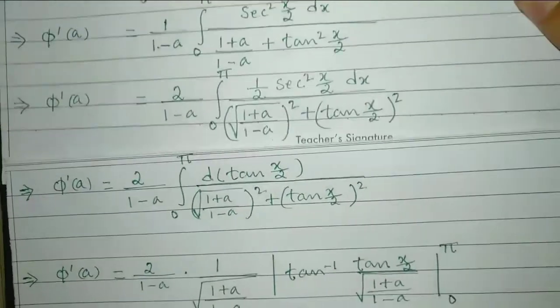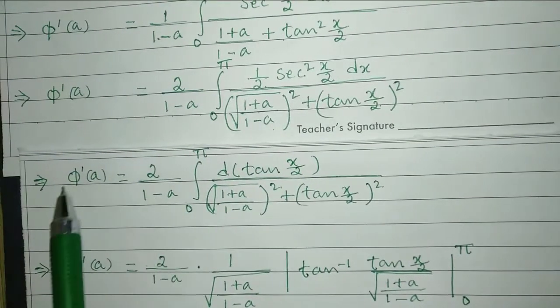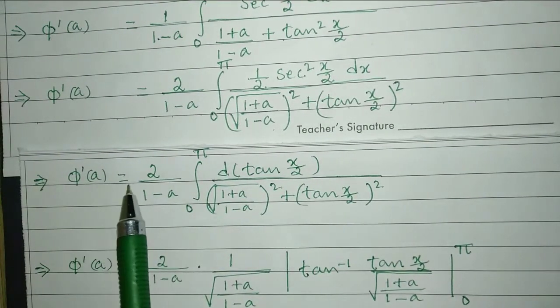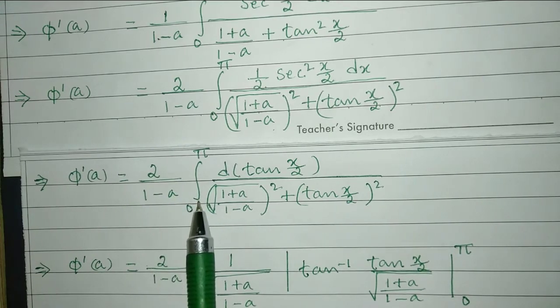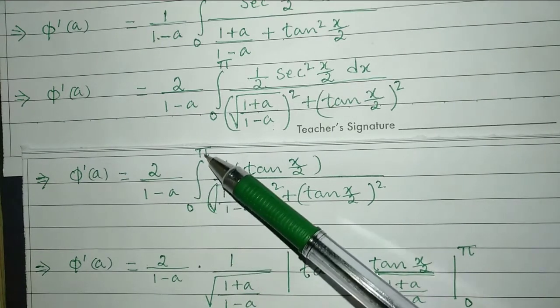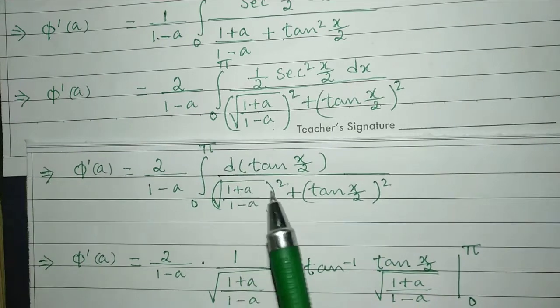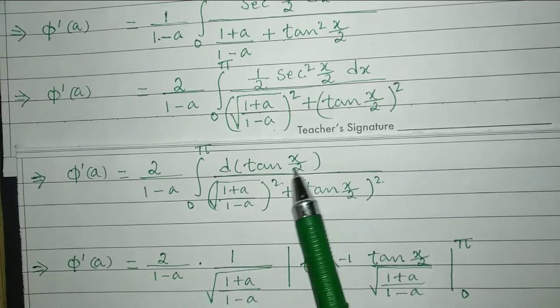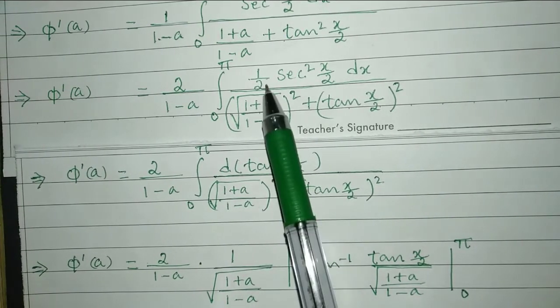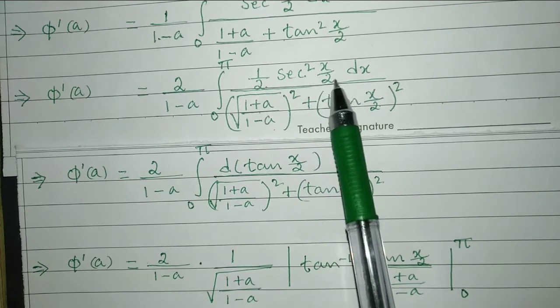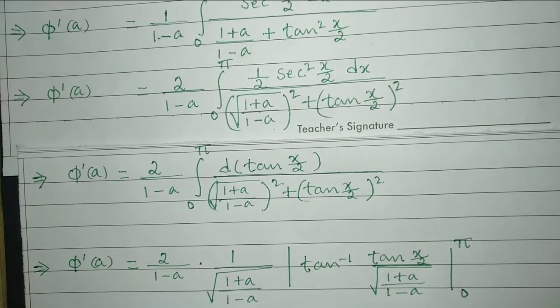Look here, phi prime a equals 2 by (1 minus a) times the integral from 0 to pi. Why did I put d of tan x/2? Because I know that the differentiation of tan x/2 is half secant square x/2 dx.